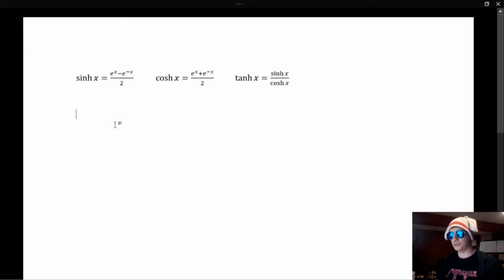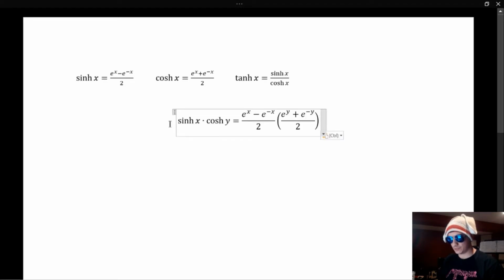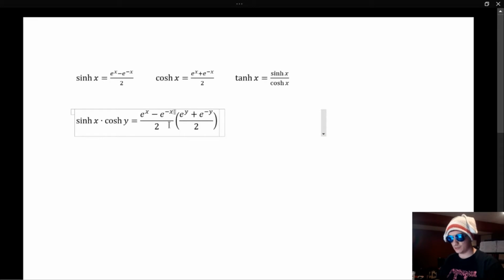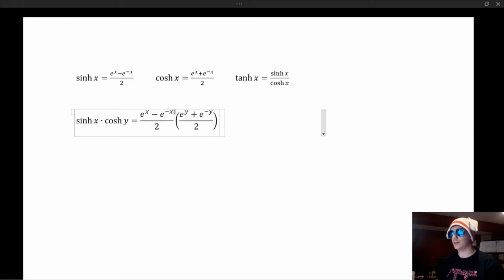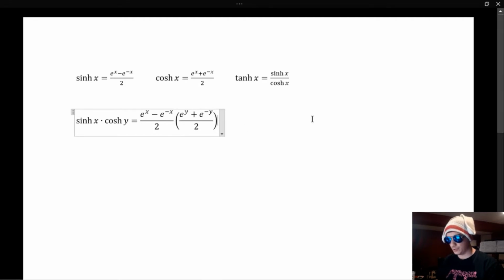So I'm going to just do some preliminary work here by multiplying sinh x and cosh y. So we have the definition of sinh x times the definition of cosh y, and that is equal to this mess of things right here.